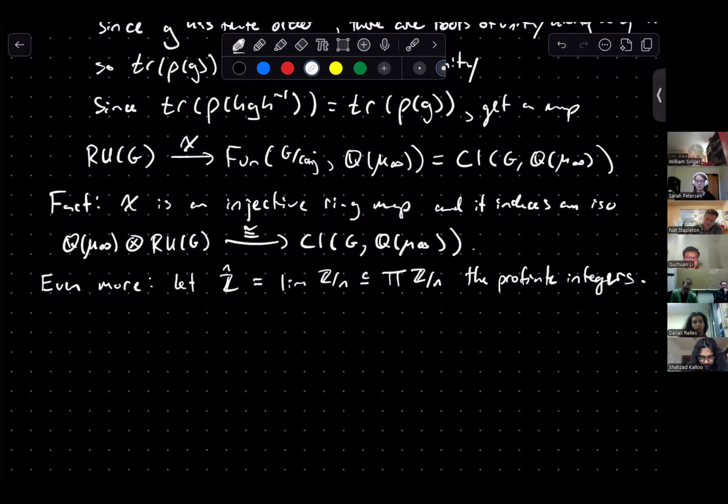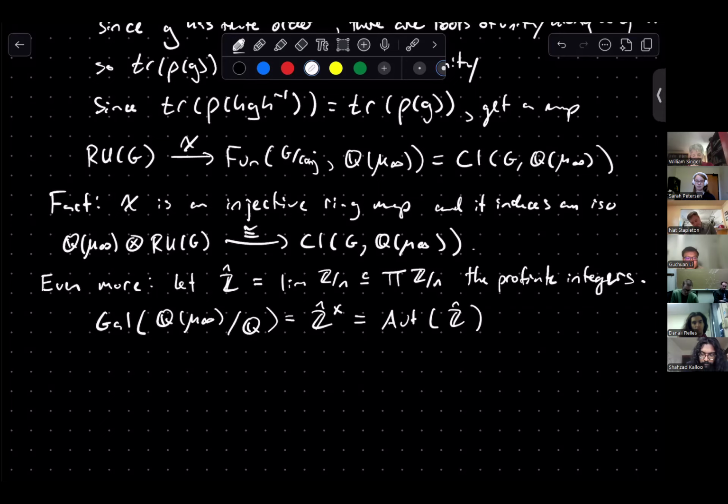So why are these coming up? These are coming up because the Galois group of Q adjoin mu infinity over Q is the units in the profinite integers, also known as the automorphism group of Z hat. And G mod conj also has a weird description in terms of the profinite integers.